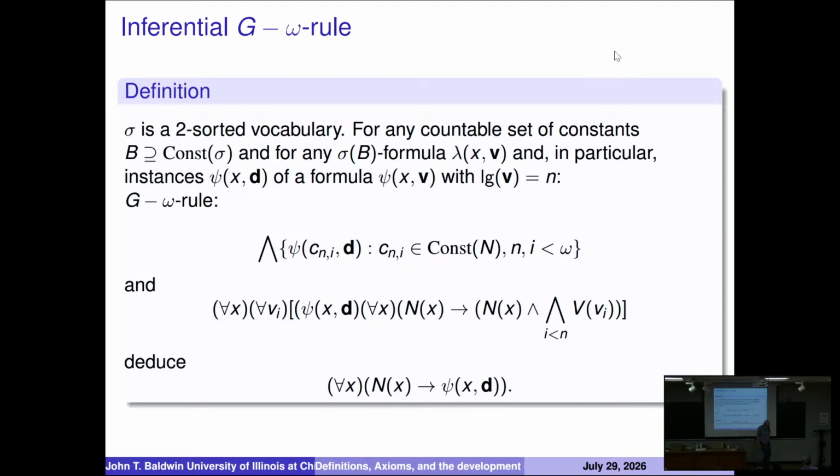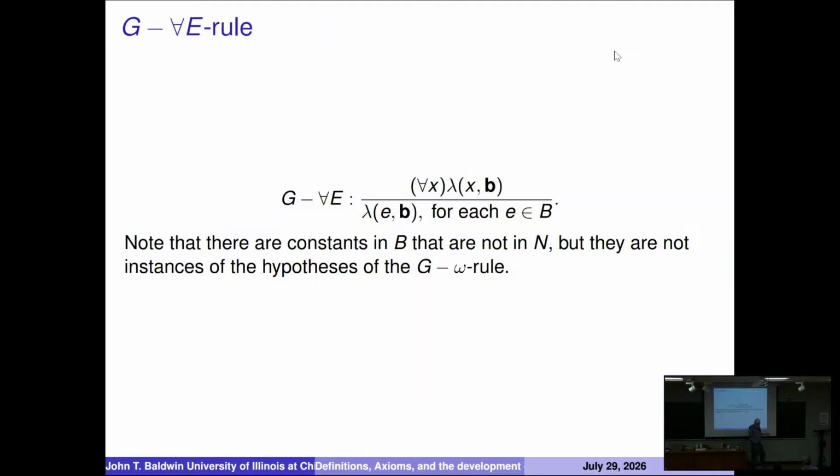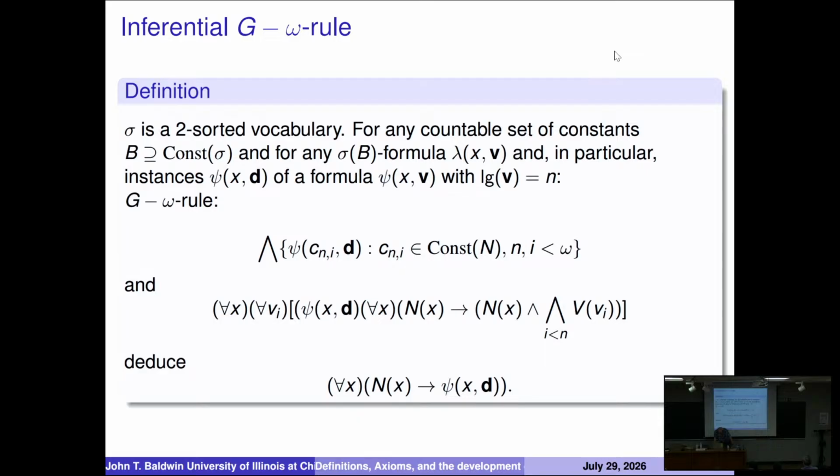And now the diagonalization doesn't tell us that there aren't any points up there anymore. It says that if there's a point up there, well, this is the rule, sorry. If you have something that's true, well, this is the universal elimination rule. I'm sorry, that's the old rule. And then the G omega rule is, I presume, on the next slide, or did I just say it? Oh yeah, I did the omega. There's the omega rule, and here's the elimination.